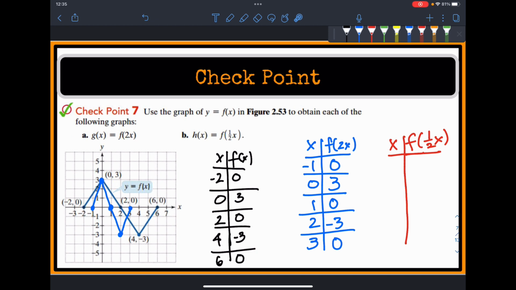Dividing by 1/2 is the same thing as multiplying by 2. So we end up with -4, 0, 4, 8, and 12. So our graph would again have the same output values.